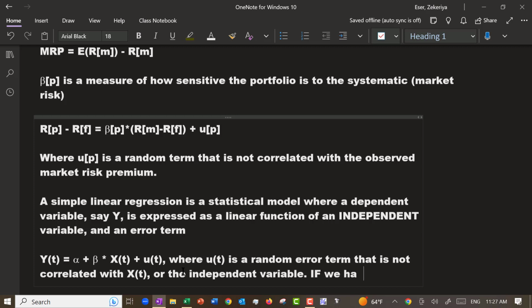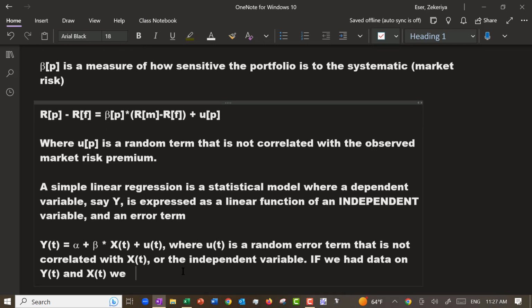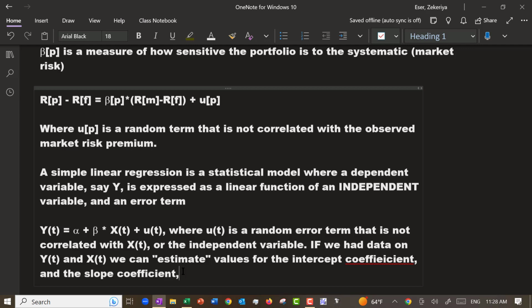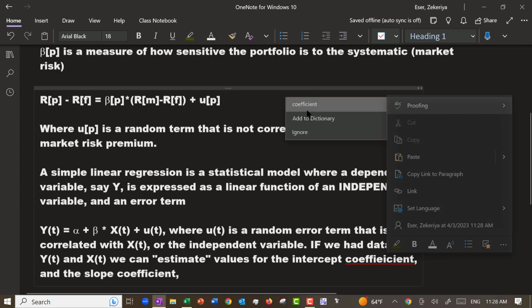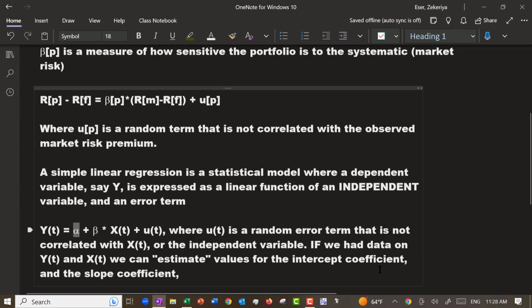If you had data on yt and xt, we can estimate values for the intercept coefficient, which is alpha, and the slope coefficient beta. Okay.